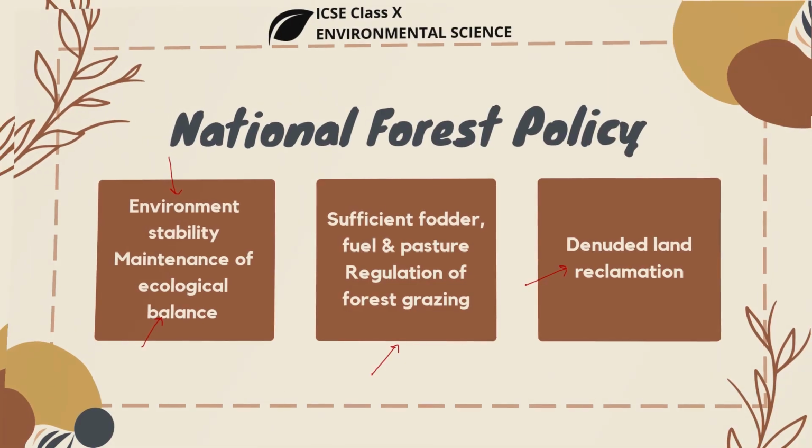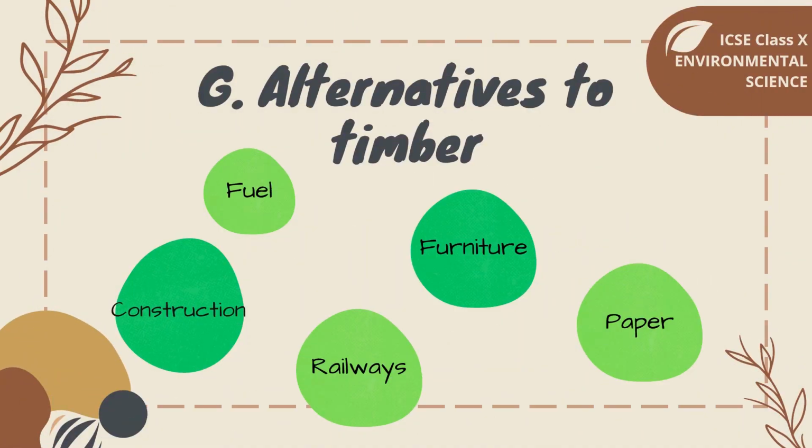The last part we have is to look for alternatives to timber. So we use timber in fuel, in construction, in all of these arenas. We need to look for alternatives. For example, instead of timber, in case of fuel, we could go for using dung cakes, cow dung cakes, or dried wood, or look for solar cookers, or we use pellets from sawdust or waste of the sawmilling, or rice husk, or oil cakes, or in some cases we can even go for kerosene, but then again it's a fuel which has other problems.